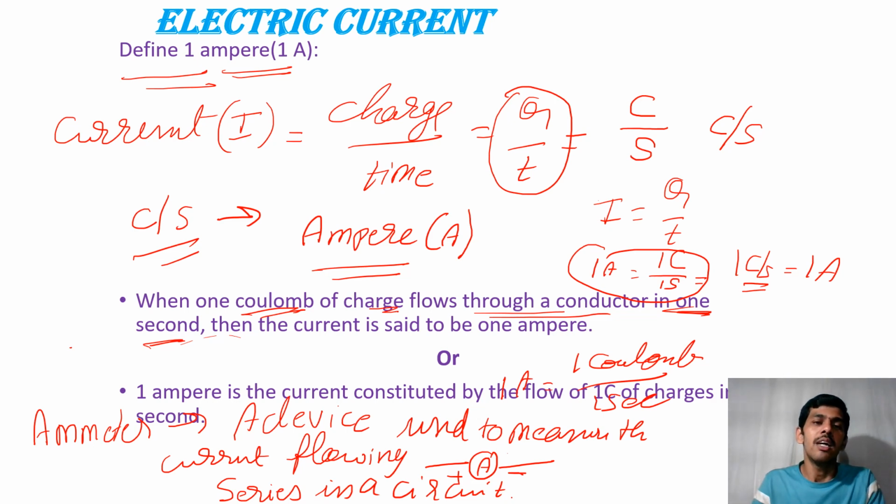That is, 1 ampere is the current constituted by the flow of 1 coulomb of charge in 1 second. That means in 1 second, if 1 coulomb of charge flows through a conductor, then the current flowing through the conductor is said to be 1 ampere.